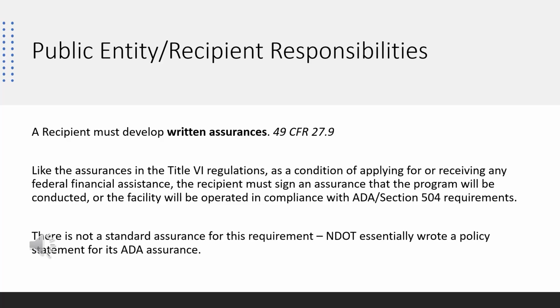There's not a standard assurance for this requirement as there is in the Title VI regulations. To meet this obligation, the Nebraska DOT essentially wrote a policy statement for its ADA assurance, which committed the agency to compliance with non-discrimination regulations.